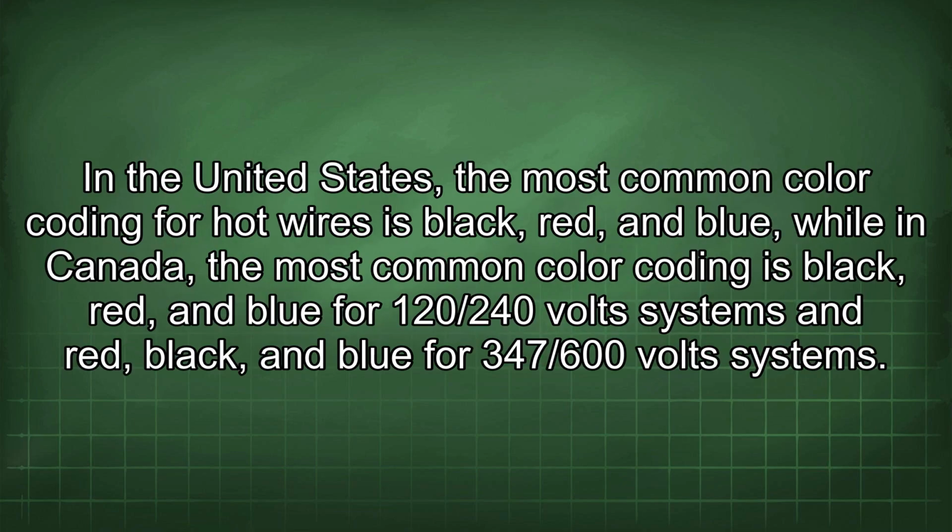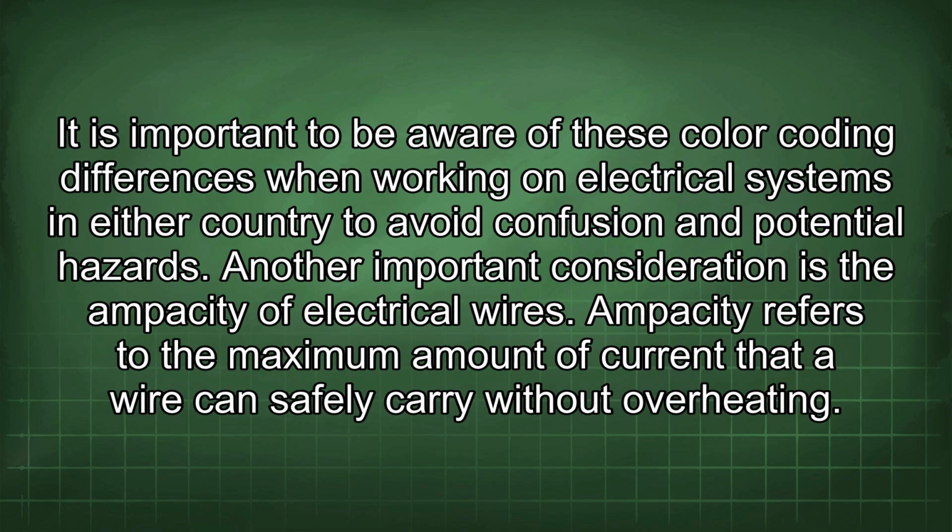In the United States, the most common color coding for hot wires is black, red, and blue, while in Canada, the most common color coding is black, red, and blue for 120/240 volt systems and red, black, and blue for 347/600 volt systems. It is important to be aware of these color coding differences when working on electrical systems in either country to avoid confusion and potential hazards.